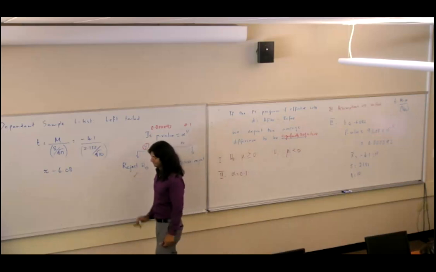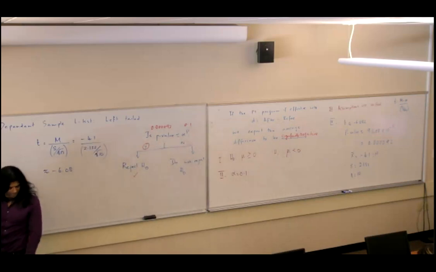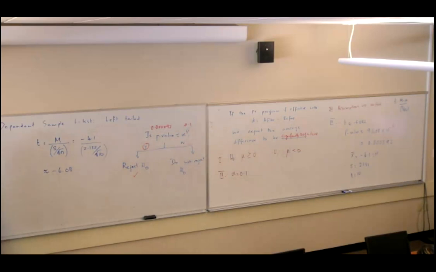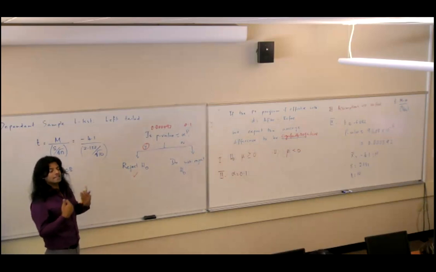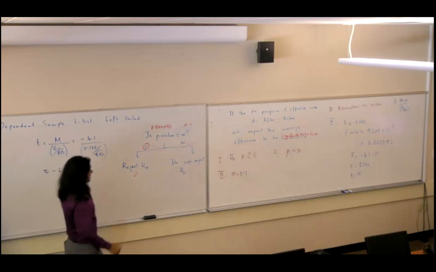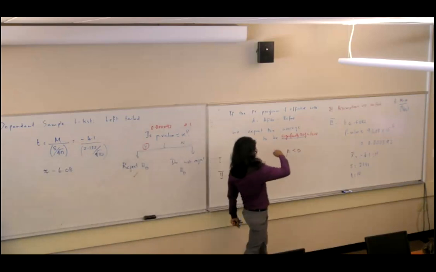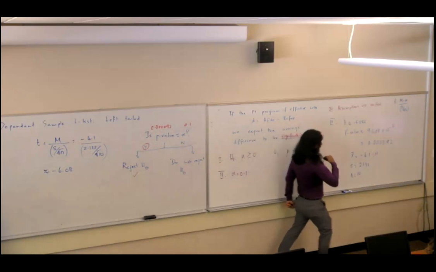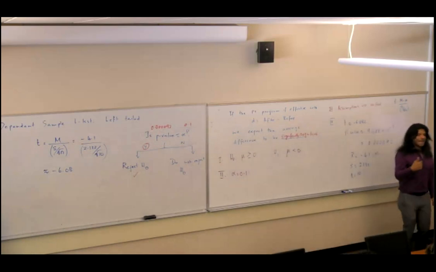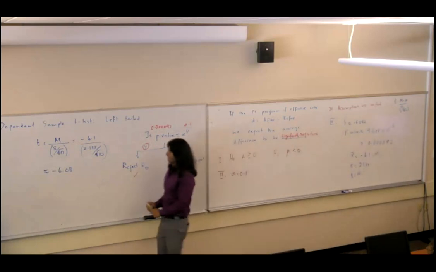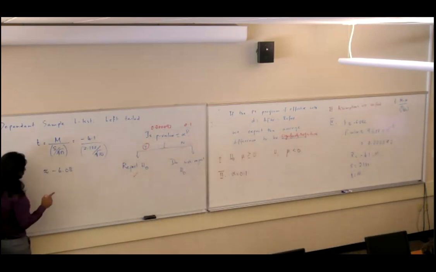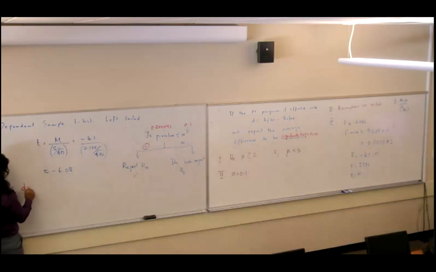Reject the null. If we reject, going back to the very first day of class, we are saying that there is a significant effect. In our case, we have a significantly negative average difference. We defined the average difference to be after minus before.